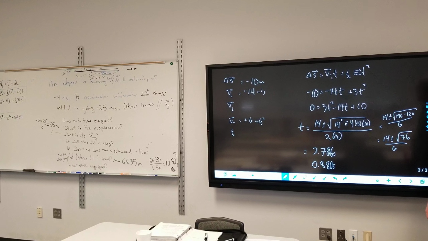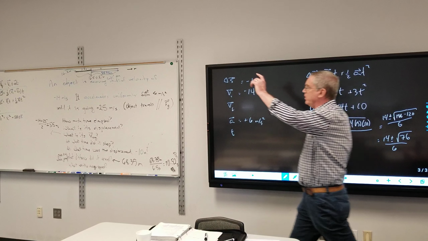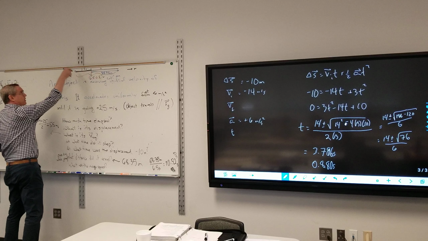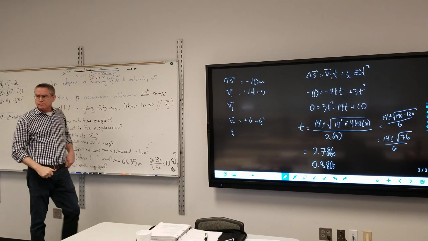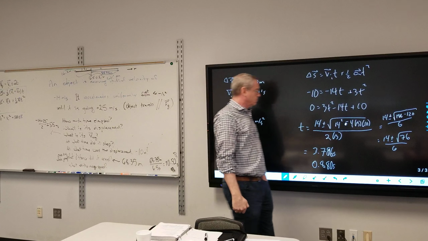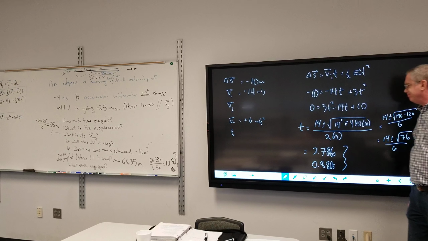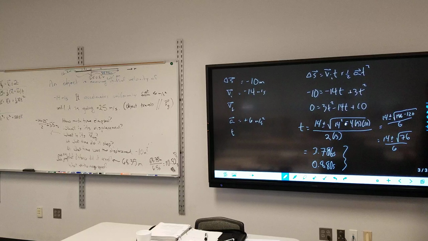Well, yes. It passes by this spot twice, because I know it's going 16.3 meters to the left. So it's going to pass it going to the left, and then it's going to pass it going to the right. If I average these two times, what do you get?